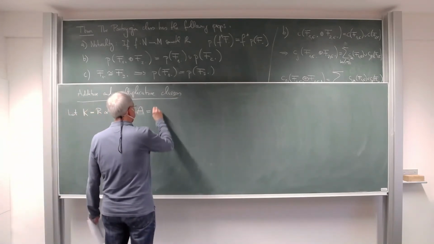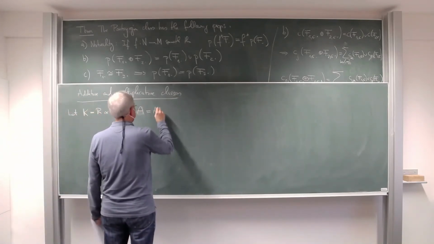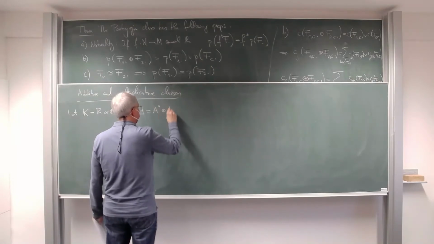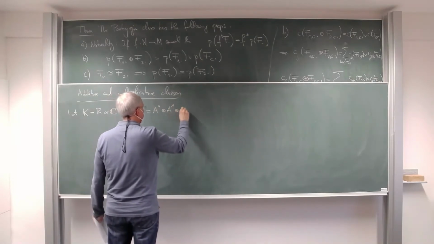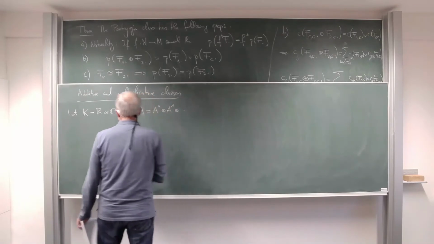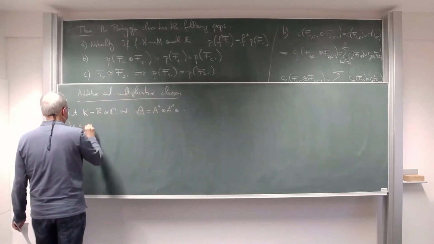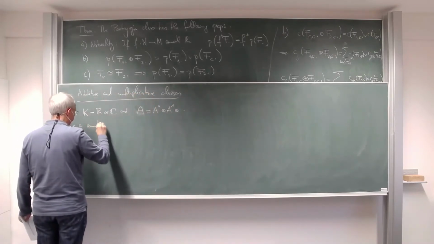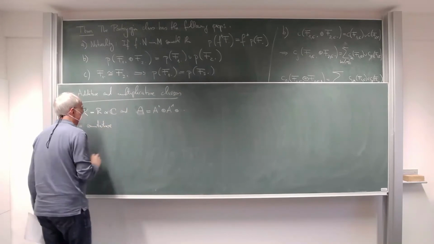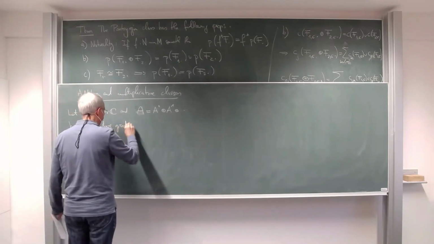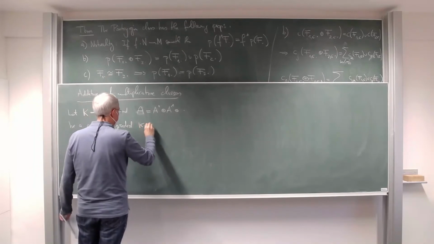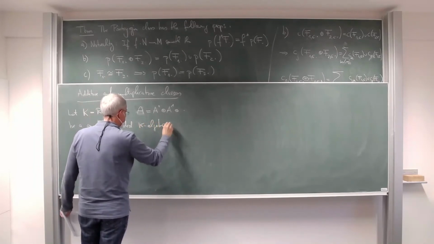That means A equals A0 plus A1 plus, maybe infinite dimensional. Let this be a commutative graded K algebra. So what does that mean?